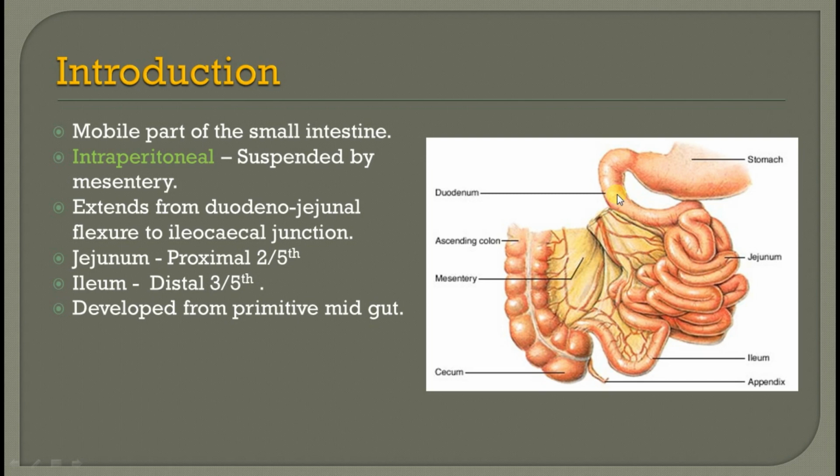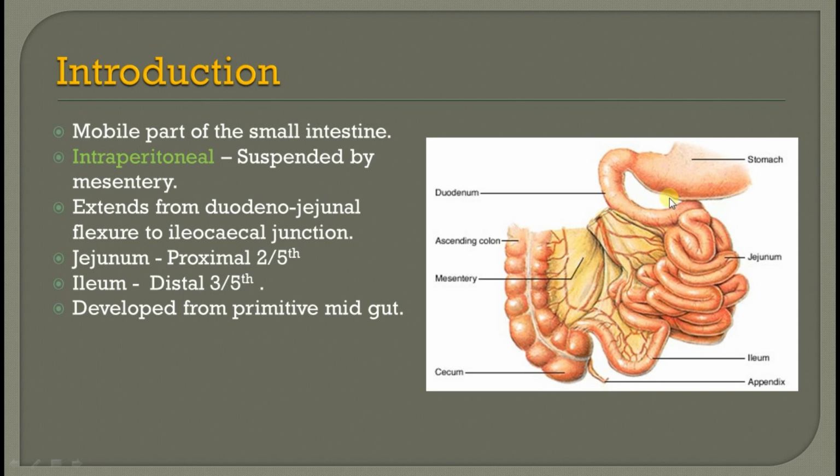Below that, the remaining second, third and fourth parts of the duodenum, then the whole of the jejunum, ileum, cecum, appendix, ascending colon and right 2/3 of the transverse colon. Up to this, it is a midgut derivative.